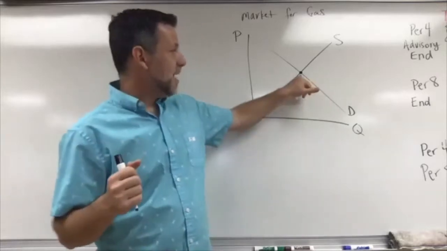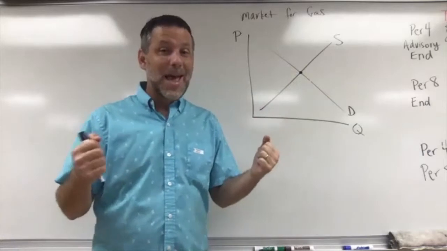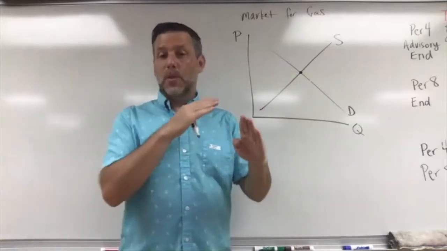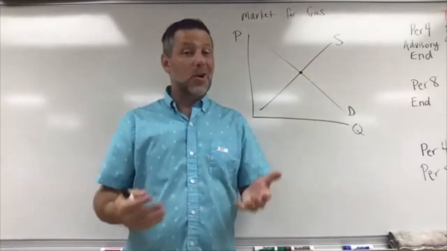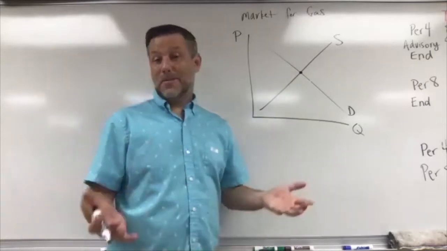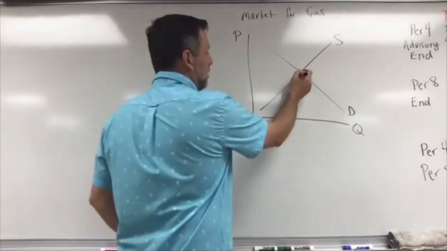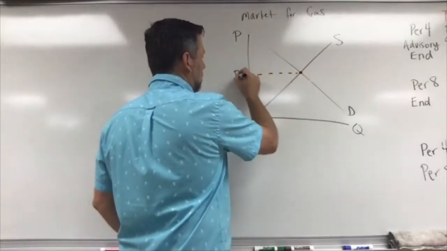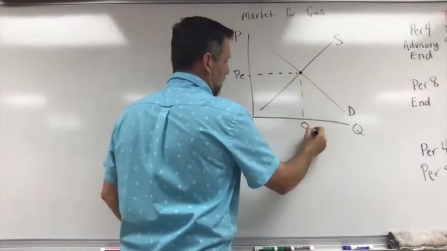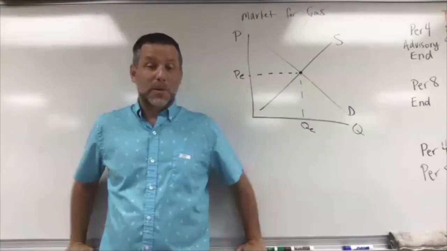In this case, at this point right here, supply is balanced with demand. Anytime where our lines intersect, we're going to call that an equilibrium, right? And so you're going to see that in macroeconomics. We're going to talk about equilibriums. Here, this tells me my equilibrium price and my equilibrium quantity.